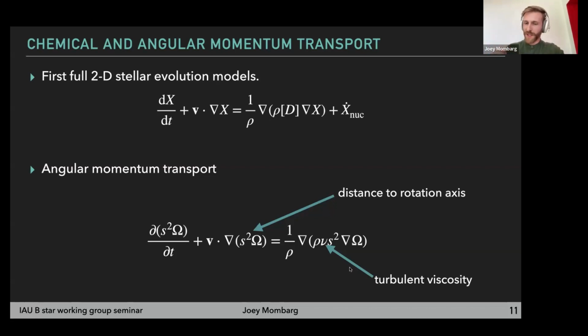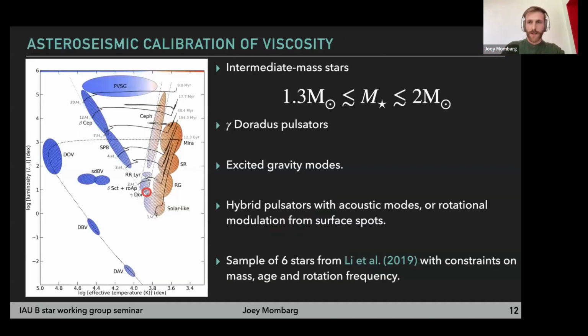So now I'm going to sneak in a little bit of asteroseismology, just to give you an idea that what we pick for this turbulent viscosity is not completely arbitrary. So I'm going to introduce the gamma Doradus pulsators. So these are F-type stars that have gravity modes that allow us to measure the core rotation or the near core rotation rates of these stars.